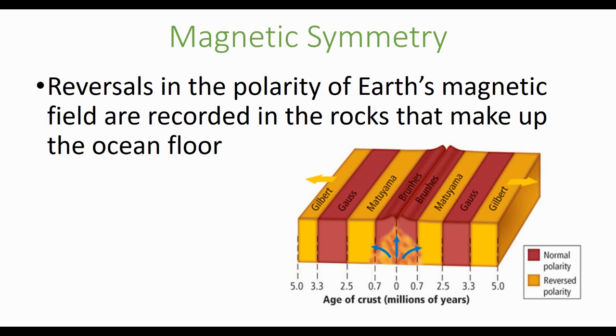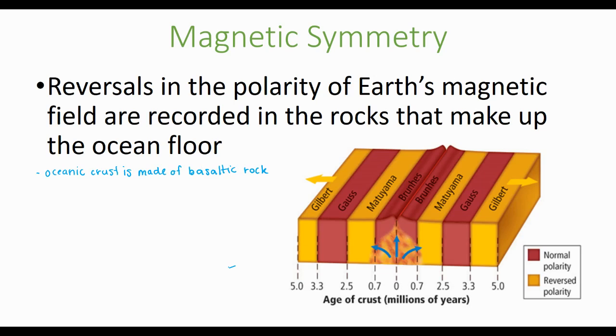This leads to magnetic symmetry. The reversals in the polarity of Earth's magnetic field are recorded in the rocks that make up the ocean floor. So oceanic crust is different than continental crust in one other way, because it's made of basaltic rock.